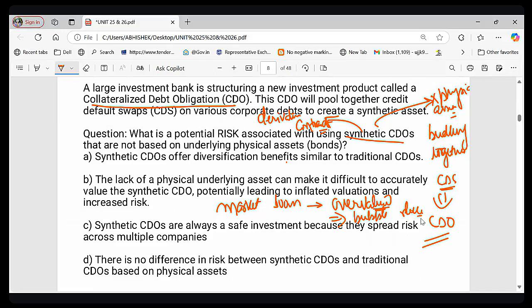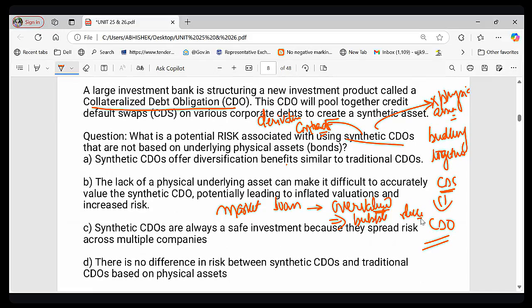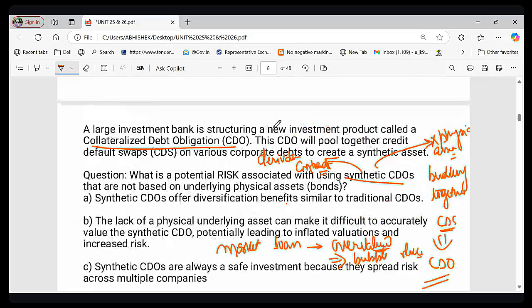So let me ask you a question: would you feel comfortable investing in a product that does not have a physical asset behind it? Yes or no? Just like synthetic CDO, which have no physical asset behind them, they are based on derivative contracts.